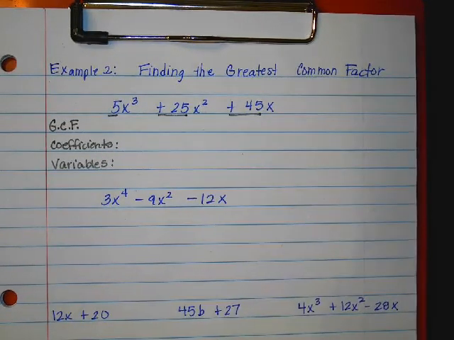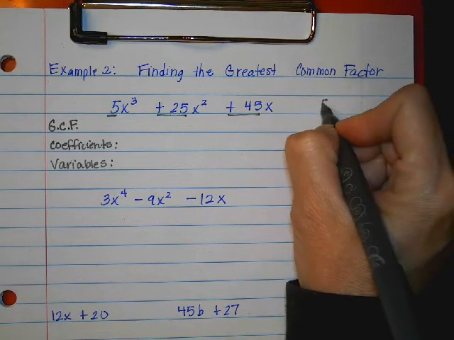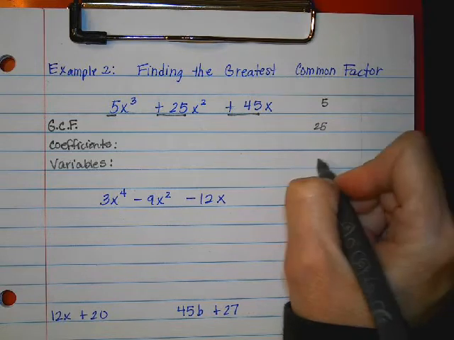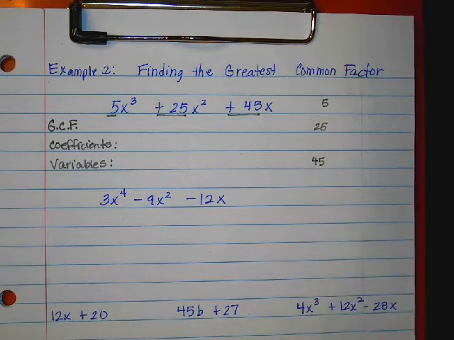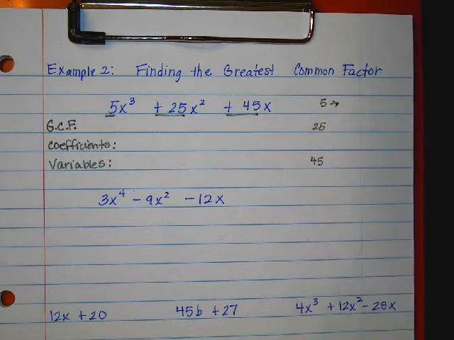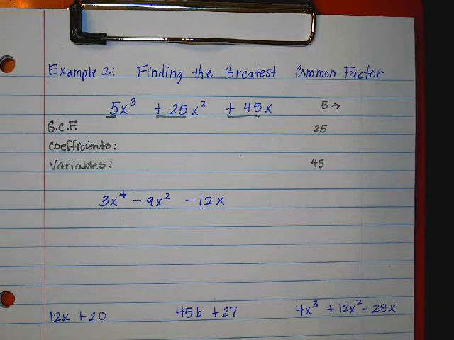So I'm going to write this off to the side here. 5, 25, and 45. Alright, so those are our three coefficients. Factors are going to say to us, what can I multiply together to get those individual numbers? So if I look at 5, what can we multiply together to get 5?